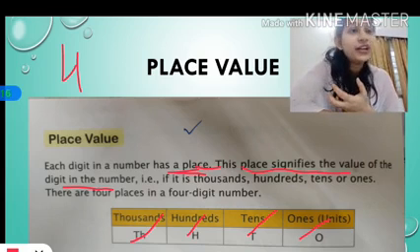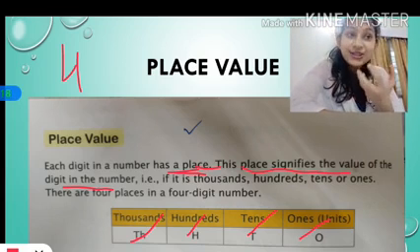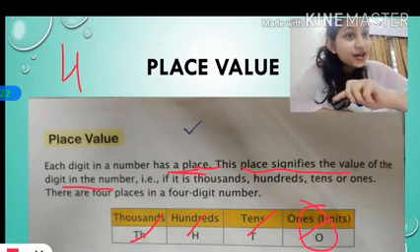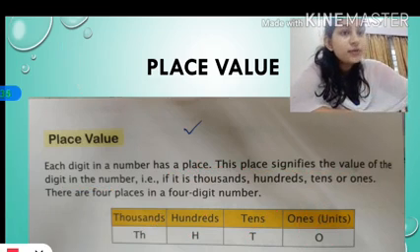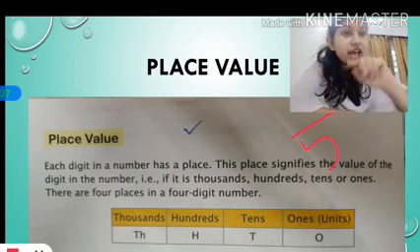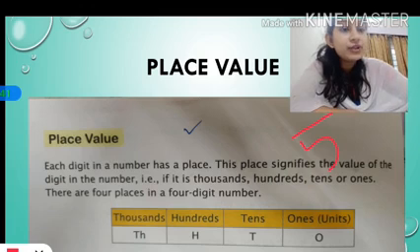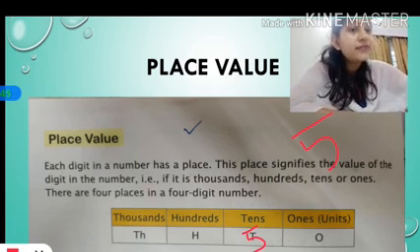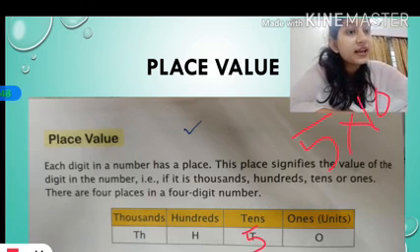Like for example, in politics we say the importance of the chair is there. So that number is sitting in which chair? Let me talk about the number 5. If that number 5 sits in the tens place, what will the value of that number be? It will become 5 into 10, that is equal to 50.